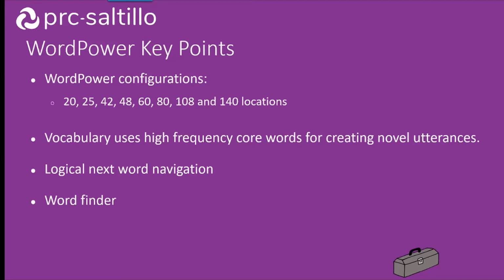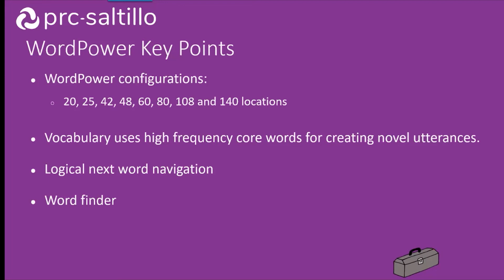And so it functions a lot on logical next words, based on the rules of our language and our grammar. What is going to be the next most logical word to occur in the sentence? And that was intentional within the word power vocabularies. The creator wanted individuals to be able to create a grammatical sentence with the fewest number of button pushes possible. So you get that logical next word prediction.